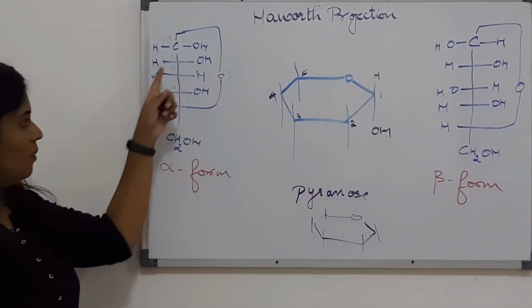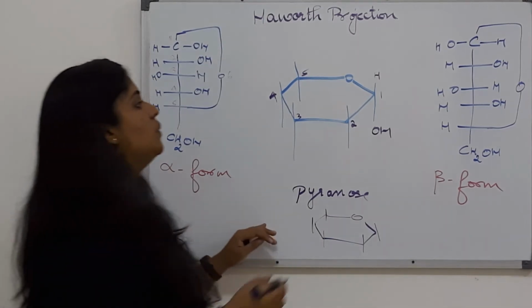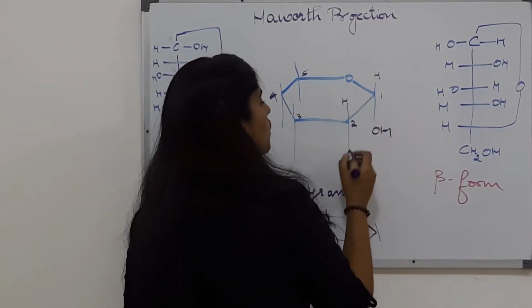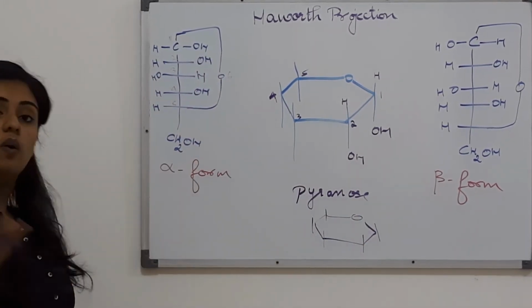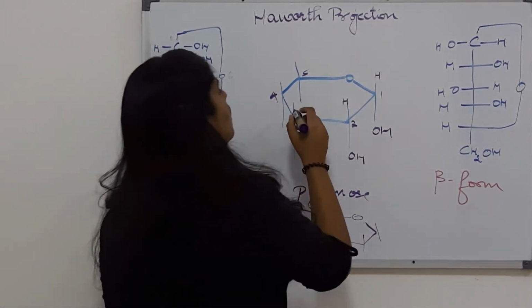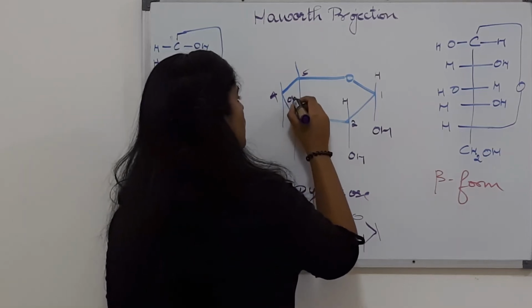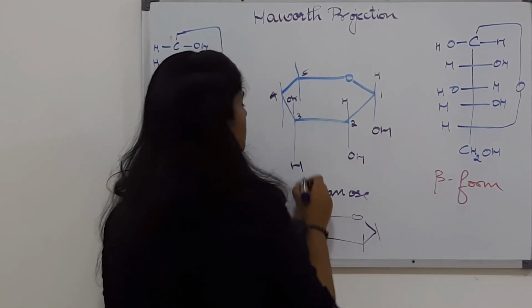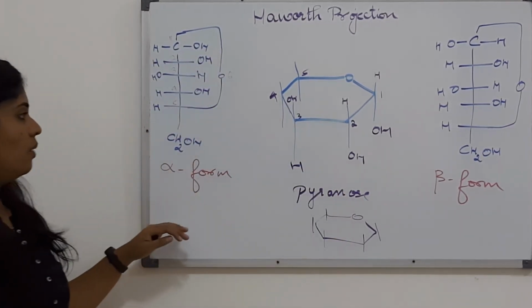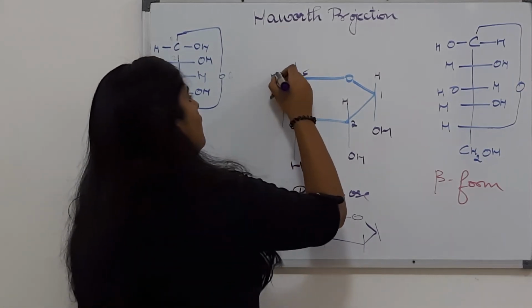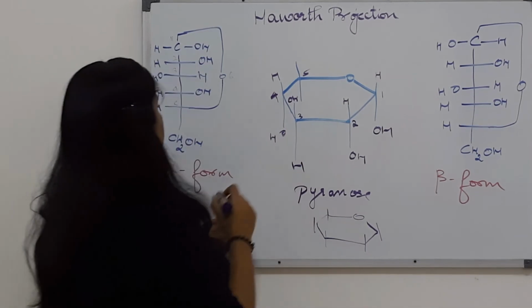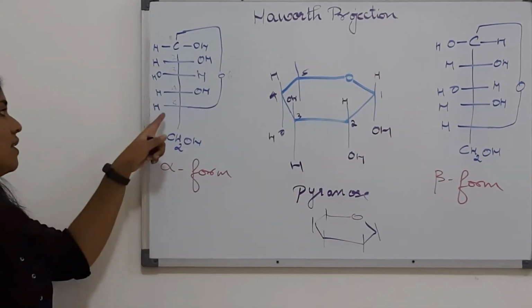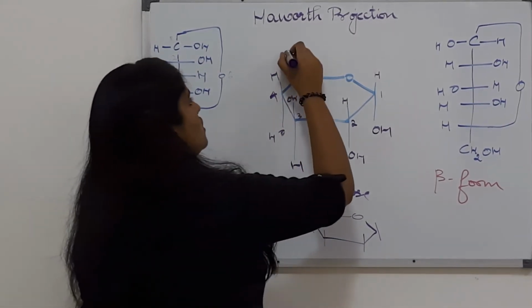Similarly, the second carbon atom, H is left, so top, OH is right, so bottom. Third one, OH is on the right, so OH would be written at the top, H at the bottom. And for the fourth carbon, H on left, so H is top, OH on right, so OH is bottom.